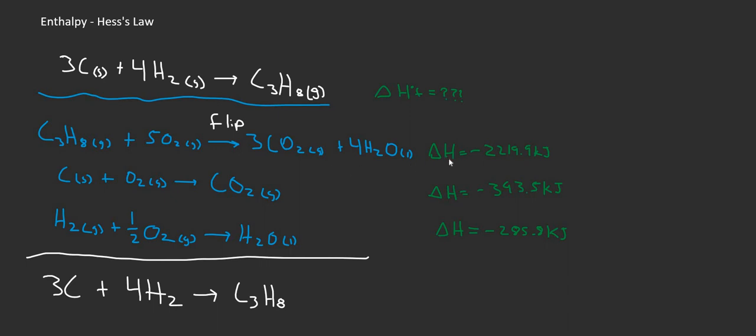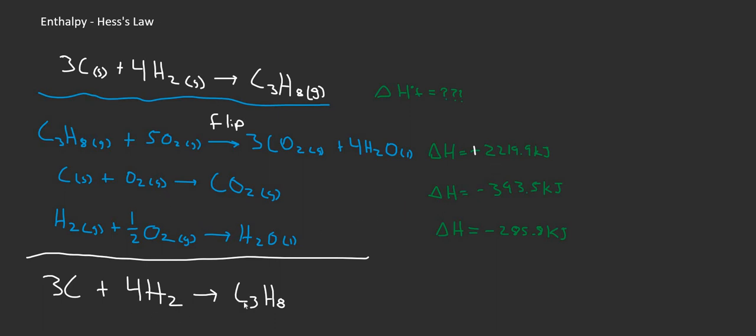And whenever you flip a reaction, the delta H changes signs. So this will become a positive. Whenever you flip a reaction, the delta H of that reaction changes signs. It goes from a positive to a negative, or from a negative to a positive. In this case, we're going from a negative to a positive, because we're flipping this equation.